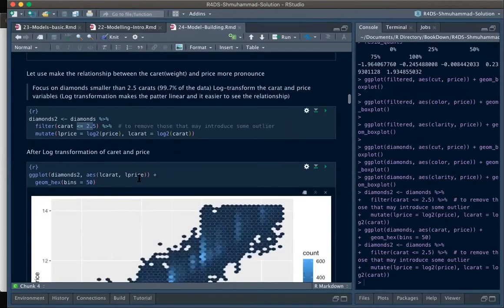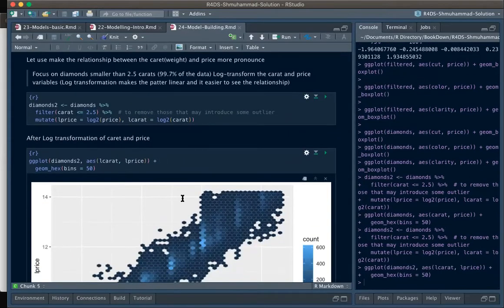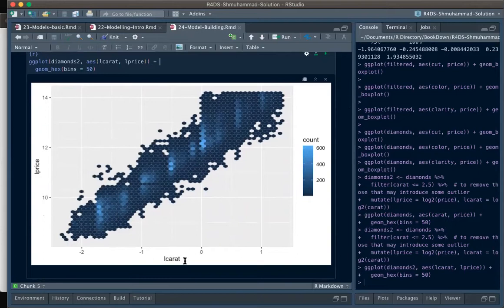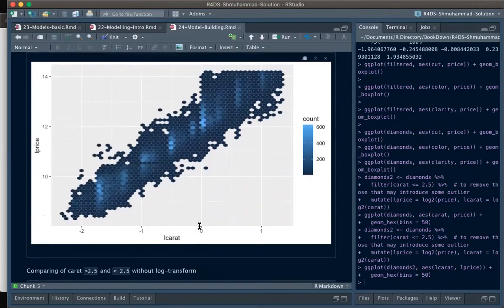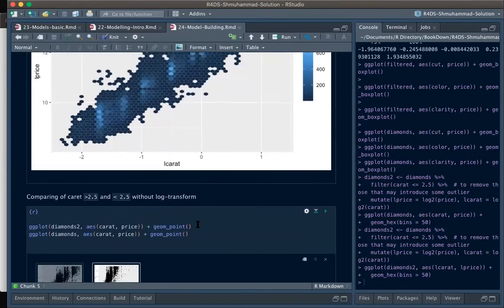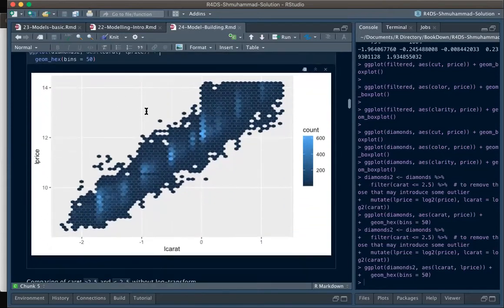So we can see here, after doing this log transform, this is our relationship, which is linear. And of course, we can see that confirmed here, there is a relationship between the price and the carat size. But before we do that, after we do log transform, if we do not remove this size, this one, which is outlier, let's see what will happen.